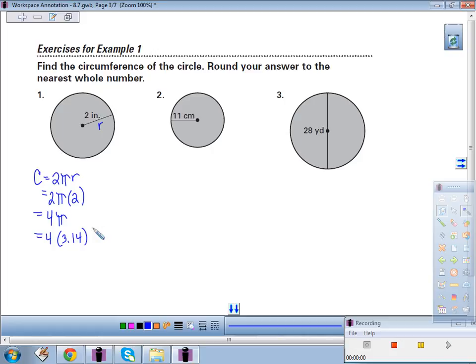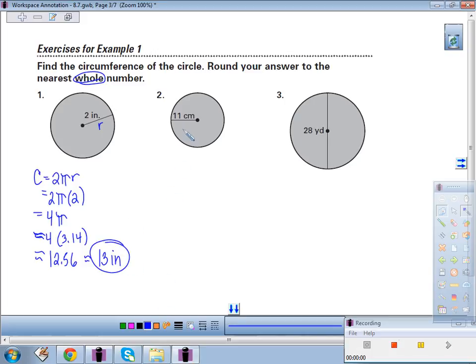And so we'll say 4 times 3.14. That gives us a value of approximately 12.56. And so if we round to the nearest whole number, this will round up to 13. And we're talking about inches here.